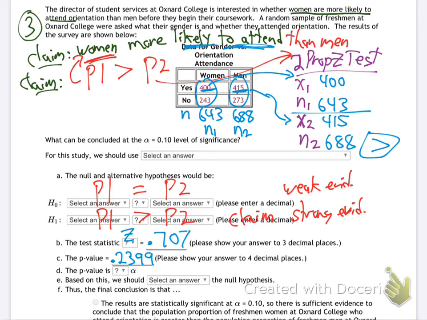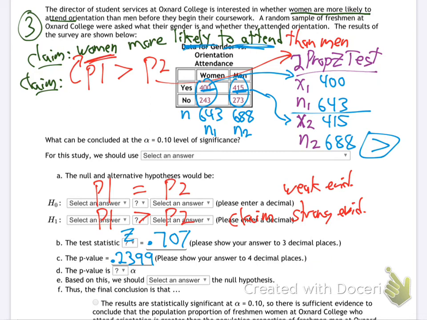So then how do we draw a conclusion? What do we always do with our p-value to draw a conclusion? Compare it to the significance level, yeah. So compare that to the significance level.